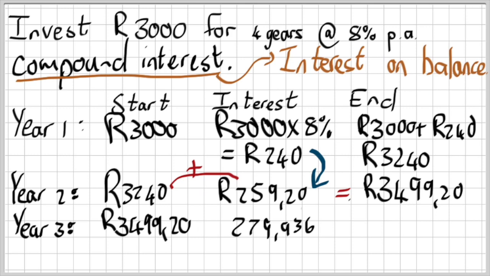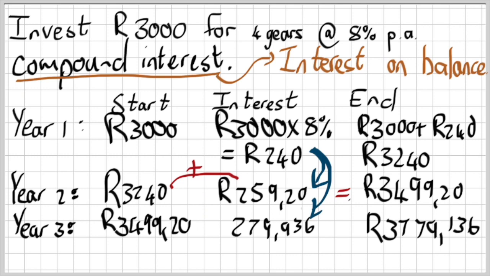I love to compare that to my initial interest, which means, again, now I've got 39 Rand more than I would have had if it was simple interest. So compound interest, your money grows faster and faster and faster the longer it lies in your bank account, which gives me a final amount of 3,779,136.